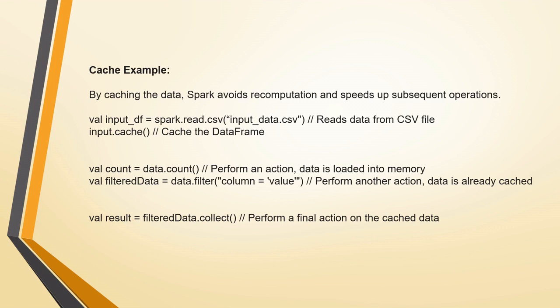It will take the data from the cached memory and perform the subsequent action. So we are saving the recomputation time, which speeds up the job, and the total completion time of the job will be reduced. This is why we use cache here.